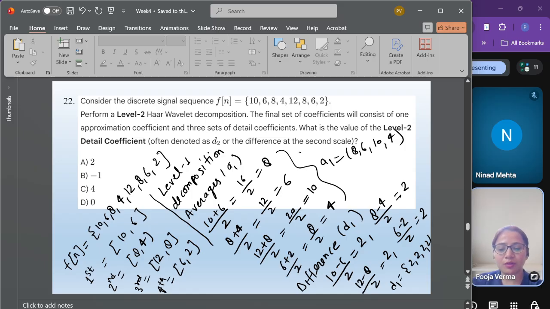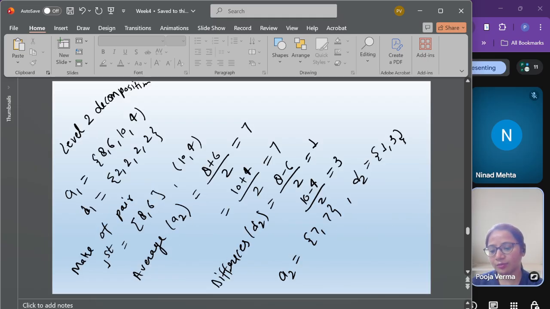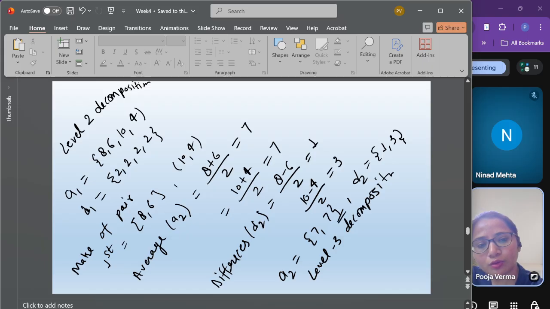Now for the final one, we need to find out the level 3 detailed coefficient. Okay. So now next, or we can say level 3 decomposition here. Again we need to find here two values we have got. So averages and differences.